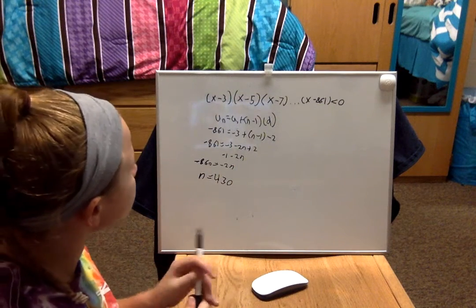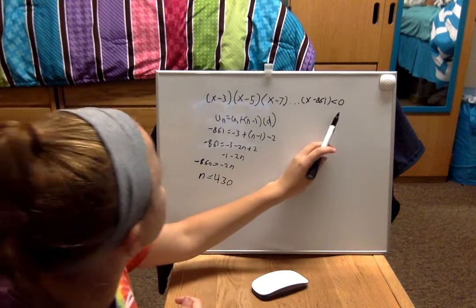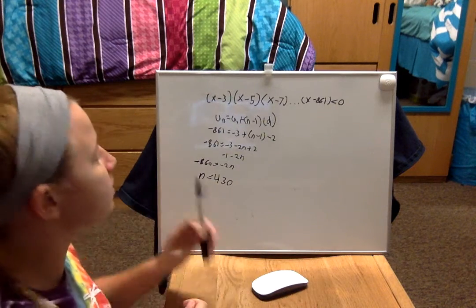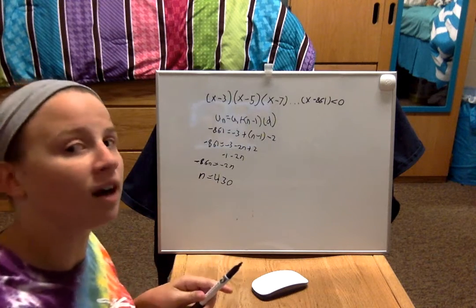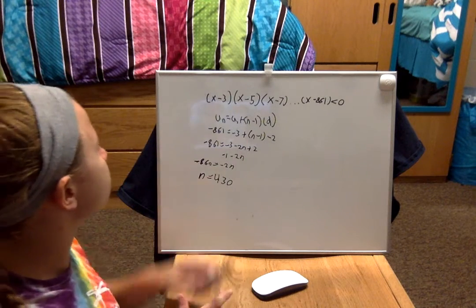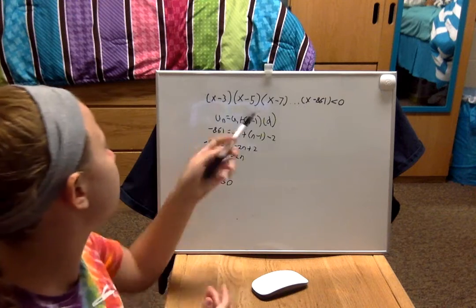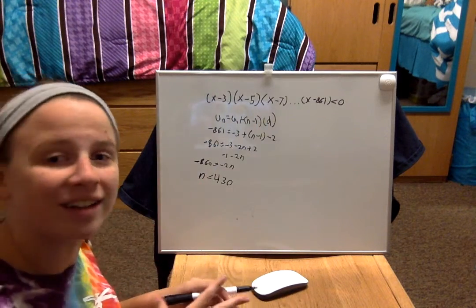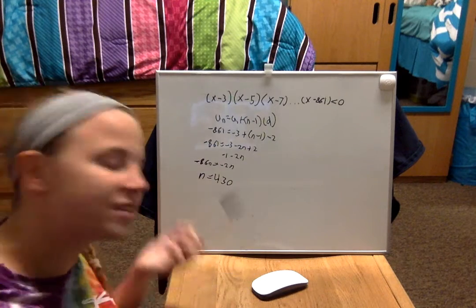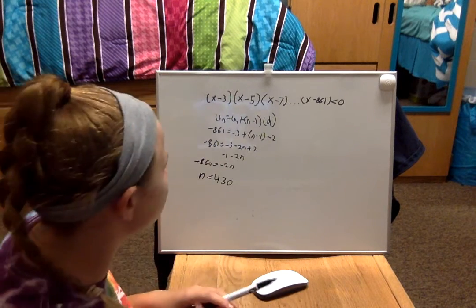And then we know that it has to be less than 0, which means that x can't be odd. If x is odd, we're going to have a 0, because every single term has an odd number in it, and 0 times anything is 0, and that's not less than 0.